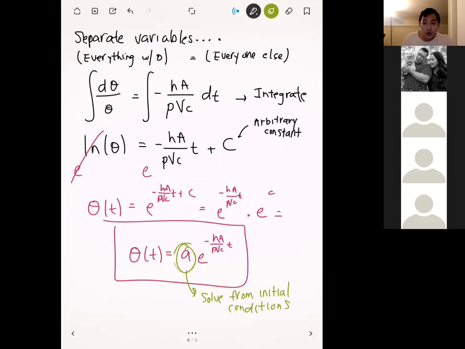And initially, what we knew is the initial temperature of the piece of metal, right? And so what we can say is that theta of 0 is equal to theta I, where theta I here is the initial temperature difference between the metal and the water.